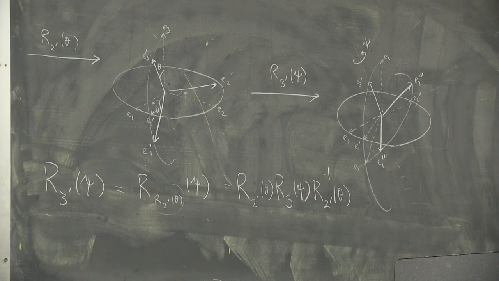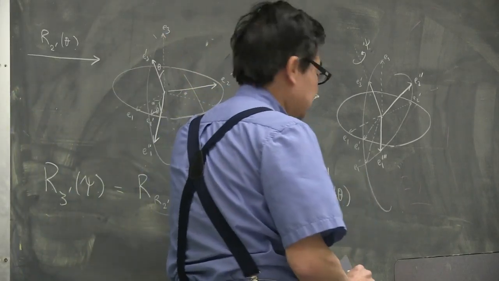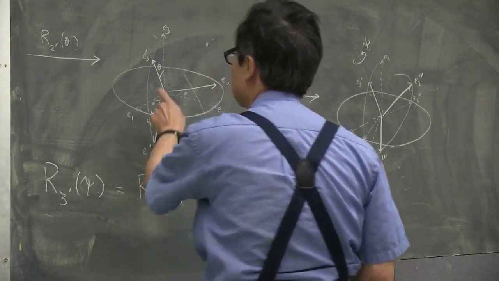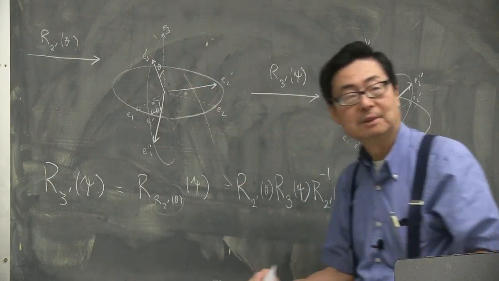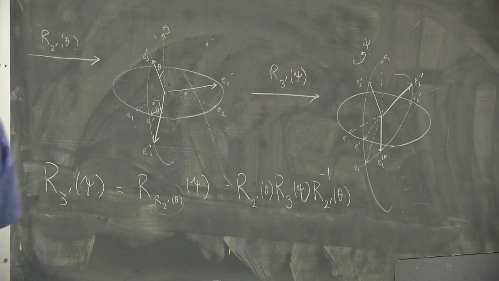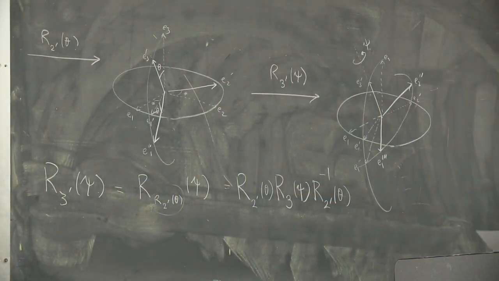Is that okay? All right. G H G inverse is something in the isotropy group of this point, which is this guy in here. All right. And so this lemma allows us to write this equality in here.